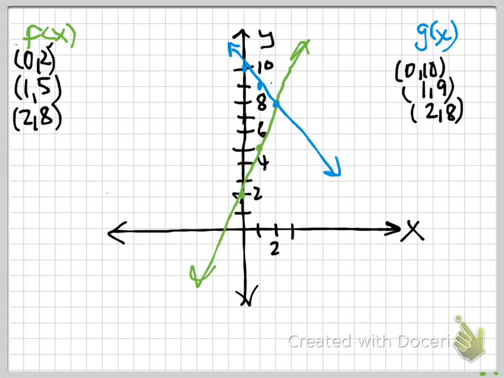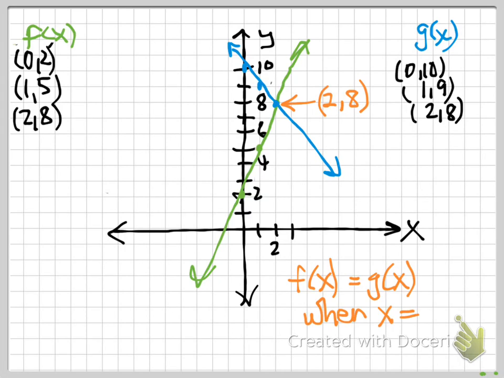And we look for the point of intersection, which was 2, 8. So hopefully you've seen from this demonstration, it looks like method 1 is the easiest way to solve this by setting the functions equal to each other and solving. So again, we would conclude that f of x is equal to g of x when x equals 2.